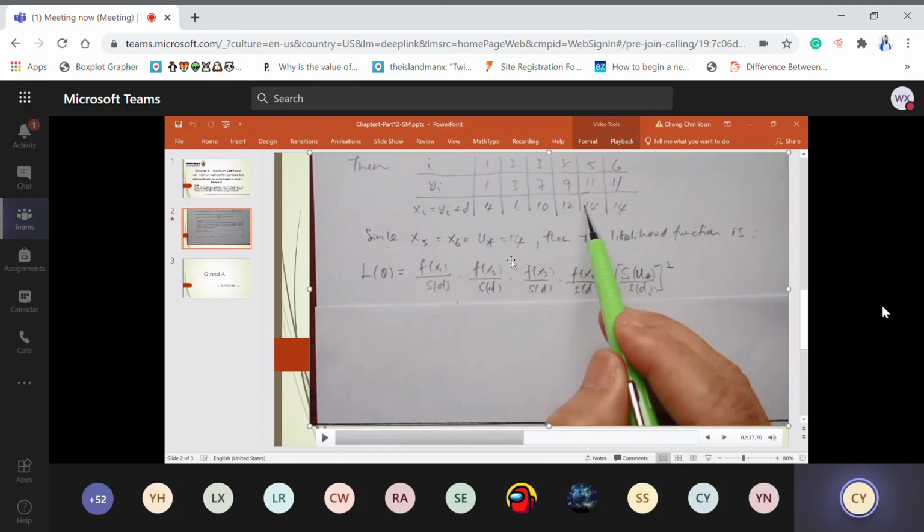By the formula, I hope you still remember, deductible plus policy limit is the maximum covered loss. That means this 11 plus the deductible 3 becomes the maximum covered loss.